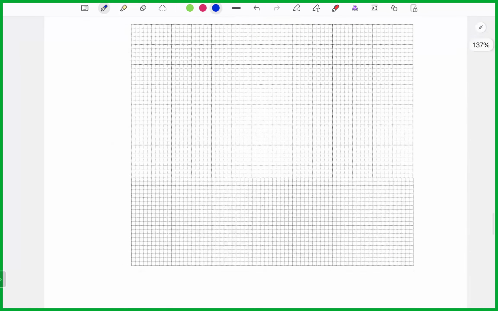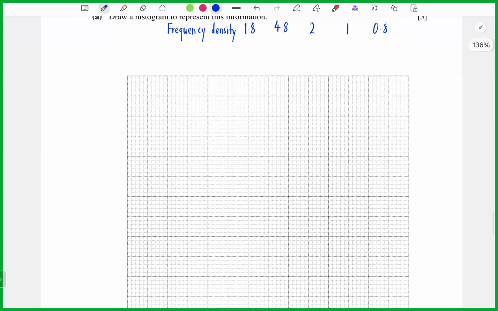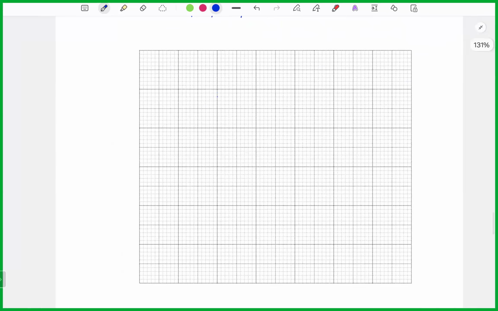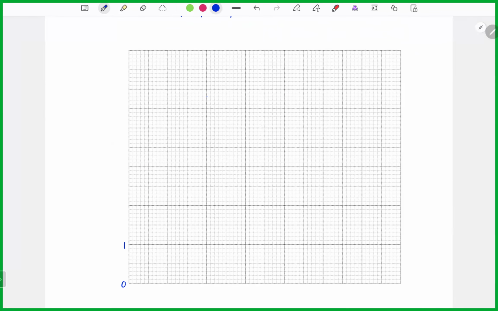So the maximum value is 4.8. Okay, so 0, 1, 2, 3, 4, 5. Here's 5.